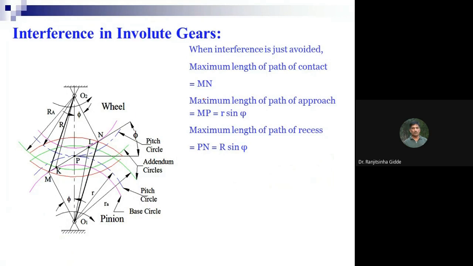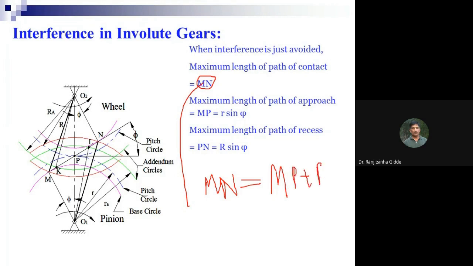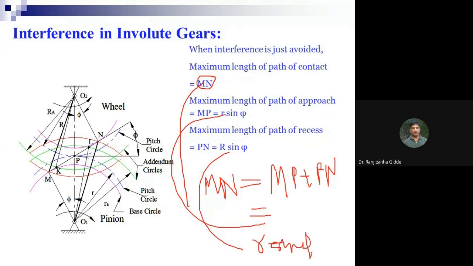Now addition of these two will give the value for this Mn, right? So Mn is equal to, this will be asked in MCQ, this MP plus this Pn. So directly by putting these values, we will get r sine phi plus capital R sine phi.